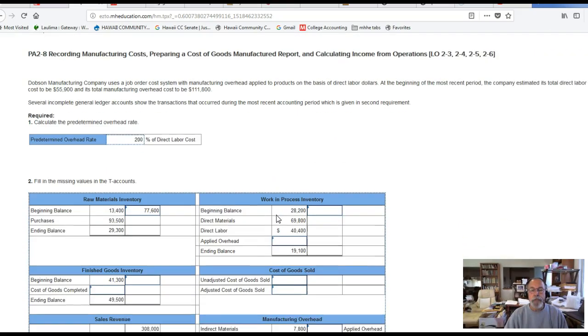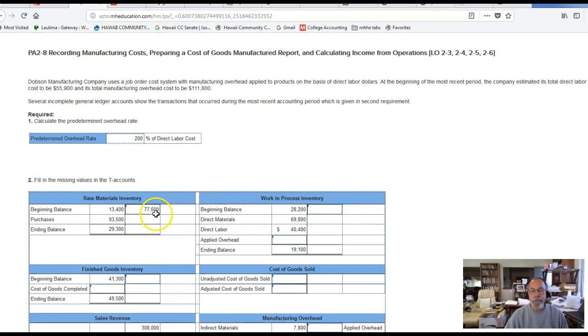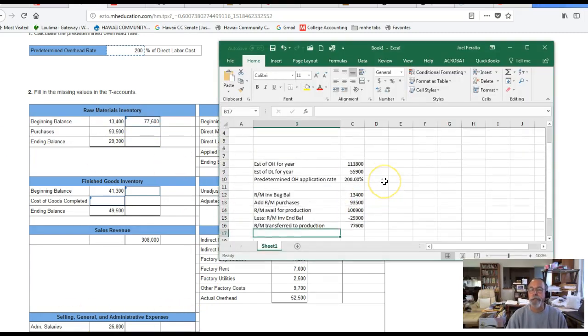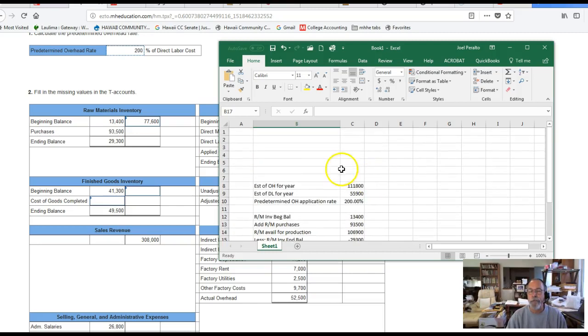So if this is our credit for that transaction, then the total of these two amounts, 69.8 and 7.8, should be this total here. And it looks like it is, but we need to show that on paper. Let me get rid of these extra columns at the top.